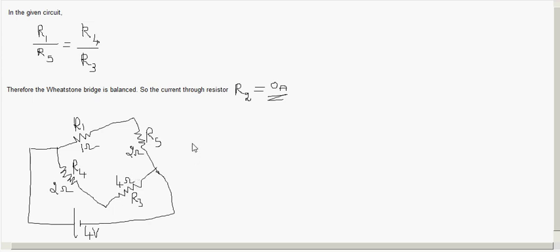Now to find R equivalent, the effective resistance.